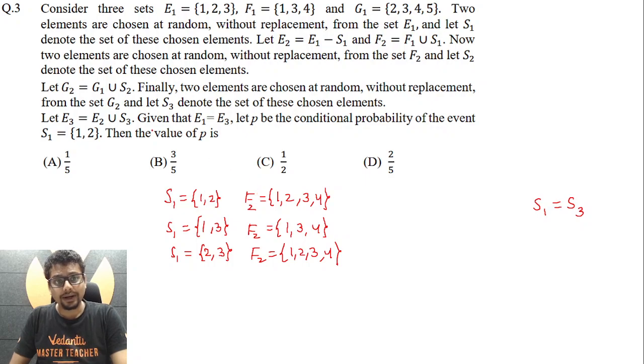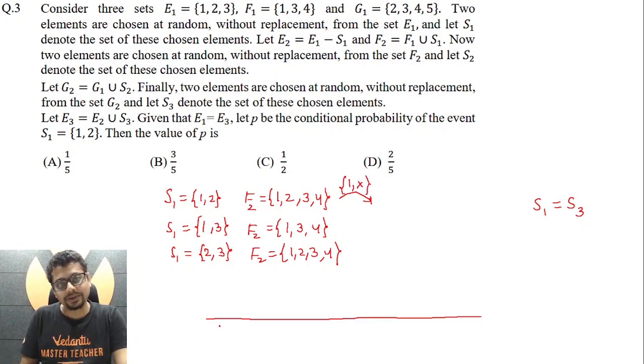Now, for S3 to be {1, 2}, since S3 is supposed to be equal to S1, G2 should have 1 as its element. And since G1 does not have 1 in it, that means S2 must have 1 in it. So when S2 is selected from F2, one of the elements must be 1, and the other can be any of the remaining 3.